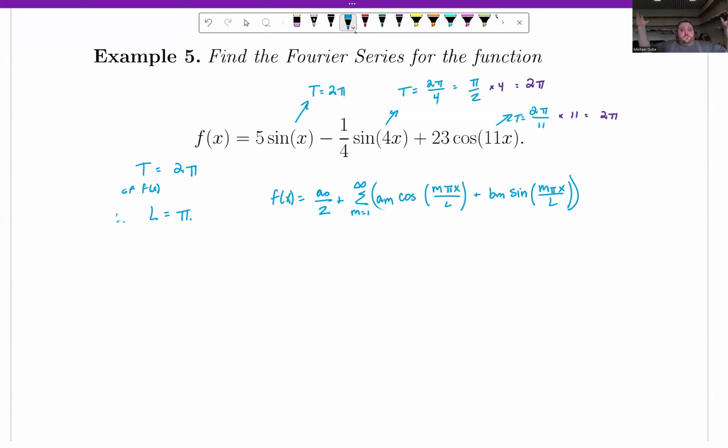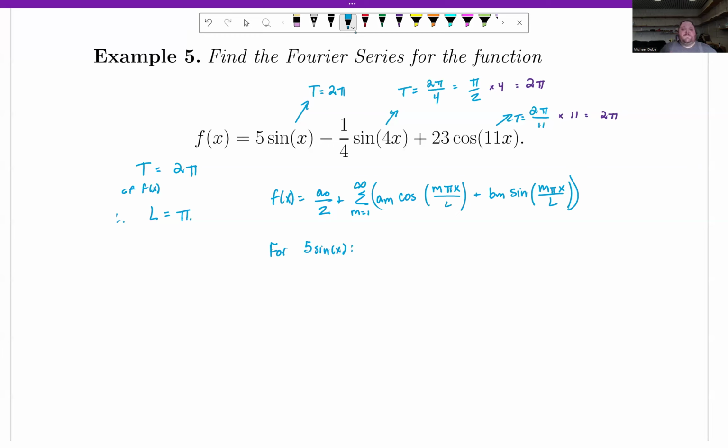Well, there's no constant term in our f of x there, so a naught is going to be 0. In fact, a lot of these are going to be 0. But we need to deal with these sine and cos terms. So 5 sine of x.